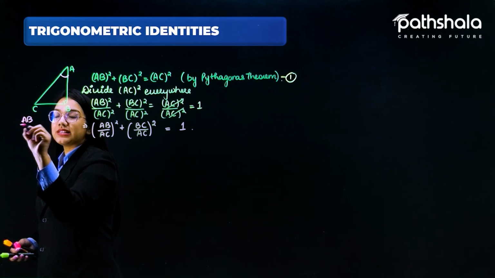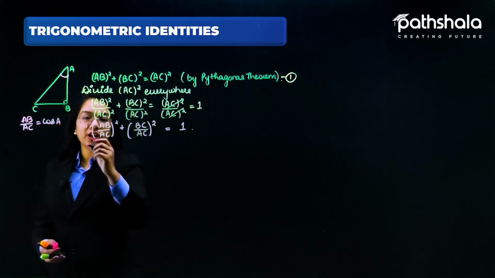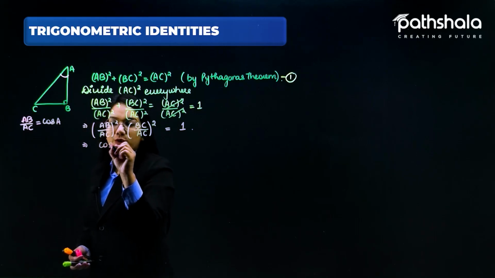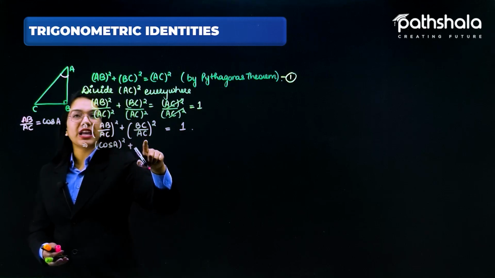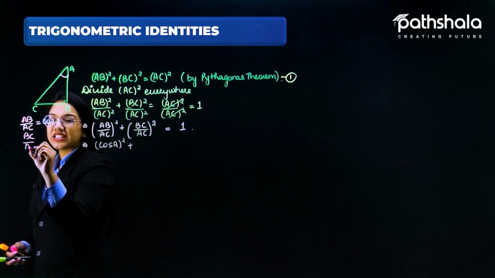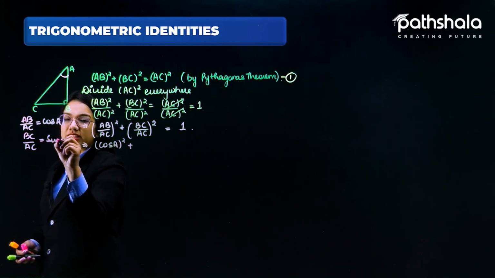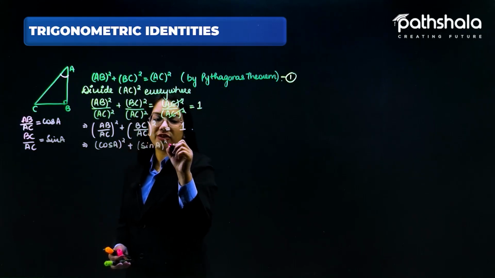AB by AC is equal to cos A. BC by AC is equal to sine A. So we can write this as cos A whole square plus sine A whole square, equal to 1.